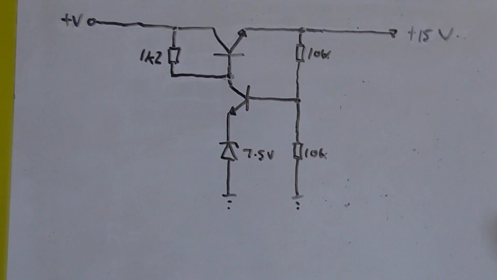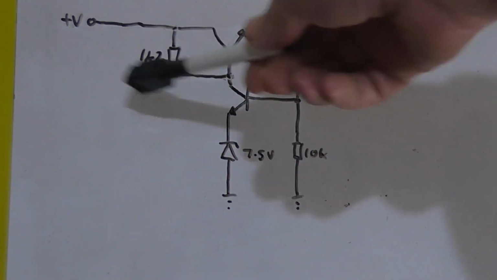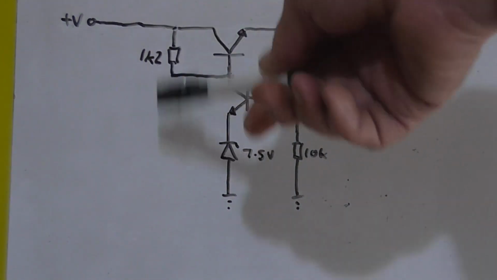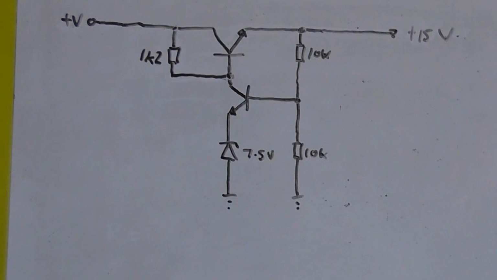Alright, that's fine for a positive going regulator, and this resistor value is based on a plus 35 volt rail. Again, you calculate this resistor depending on what your supply voltage is. If it's lower, then the resistor value is going to be lower. But as I said, this is fine for the positive version.